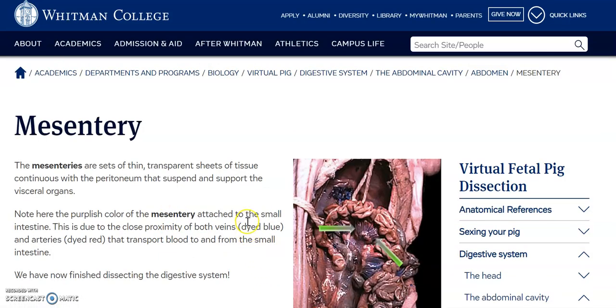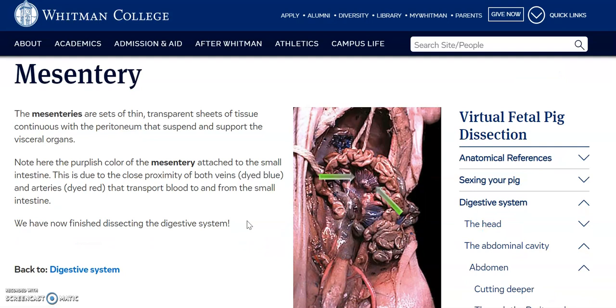So now we have these things called mesenteries. Okay, mesenteries are just very thin sheets of tissue that continue throughout the peritoneum. Okay, and they basically help support and suspend your organs in your digestive system. Okay, so the reason that your digestive system organs are able to just kind of hang there or be present in your body and attached is because of the mesentery.